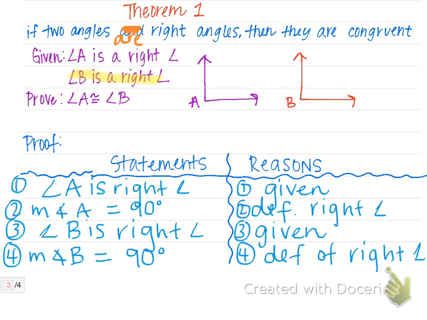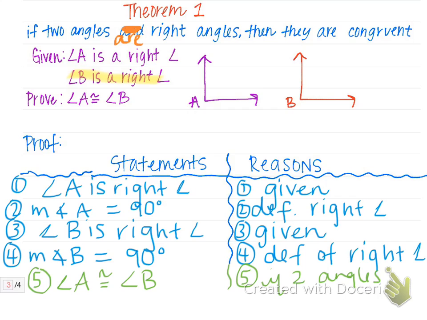And last, our fifth statement. Since we know that angle A is equal to 90 degrees and angle B is equal to 90 degrees, you can say that angle A is congruent to angle B. And our last reason: if two angles have the same measure, then they're congruent.